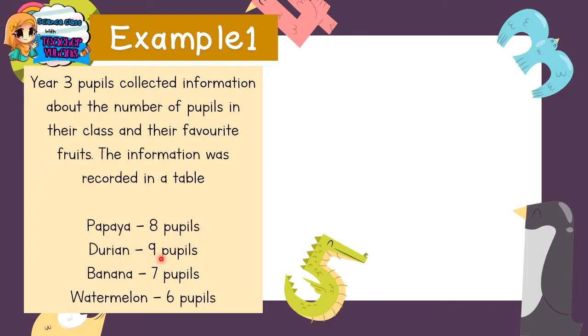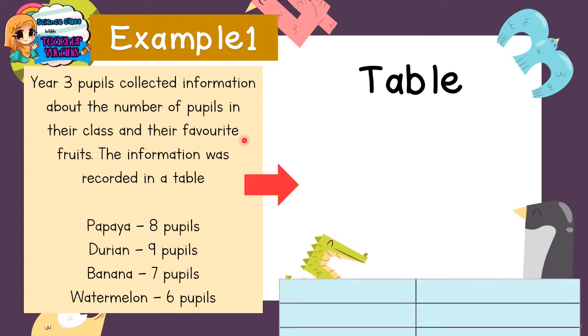Durian, 9 pupils. Banana, 7 pupils. And watermelon, 6 pupils. This data can be sorted into a table.